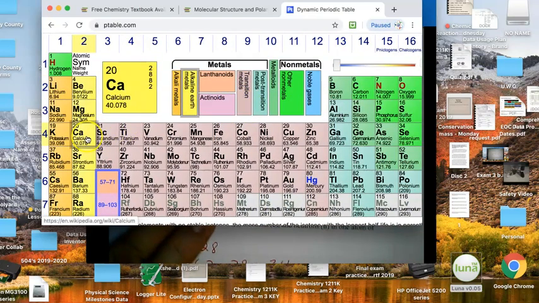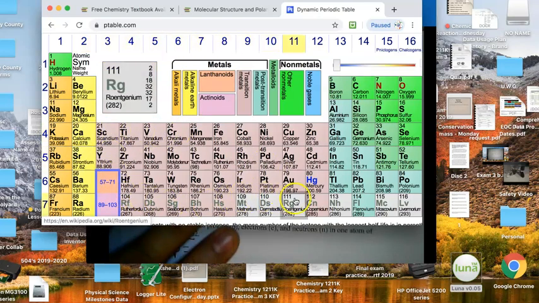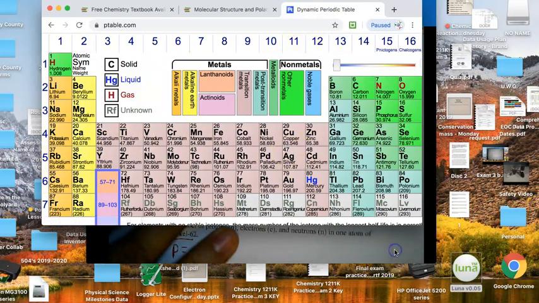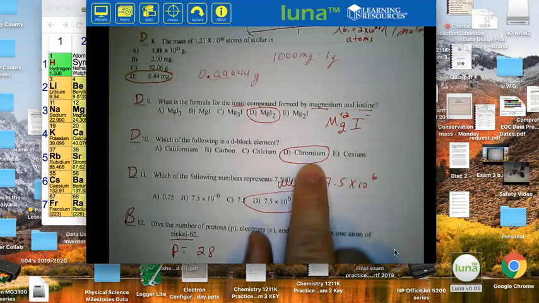Calcium, right here, is the S block. Chromium is right here. Anything in this light pink area is a D block element, so chromium is your answer. Cesium is right here, an S block. So your answer should have been D, chromium.